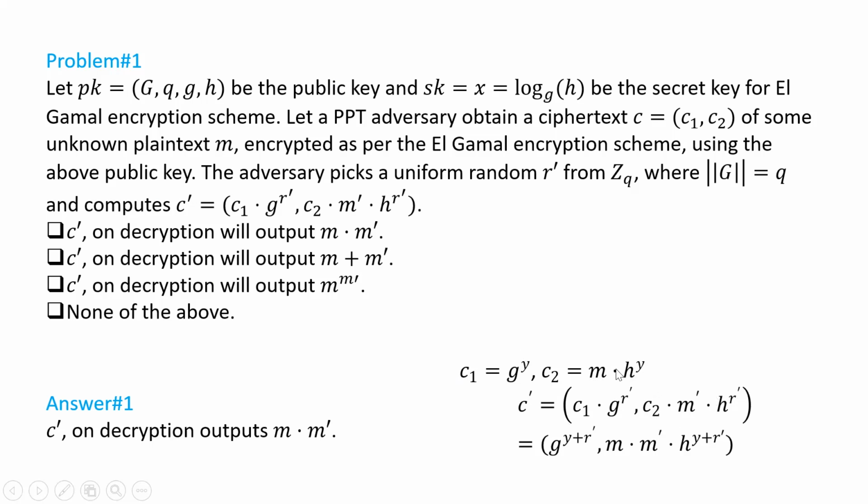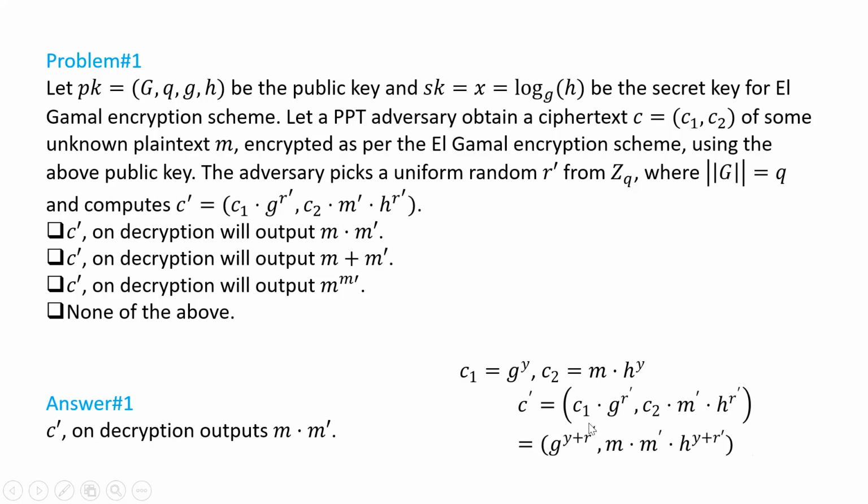So as a result, what happens is that m dot m dash and h to the power y dot h to the power r dash, that is nothing but h to the power y plus r dash. So in total, you can see here, you have the first component of the form g to the power y plus r dash, and the second component of the form, say m double dash dot h to the power y plus r dash, where m double dash you can think of as m dot m dash.